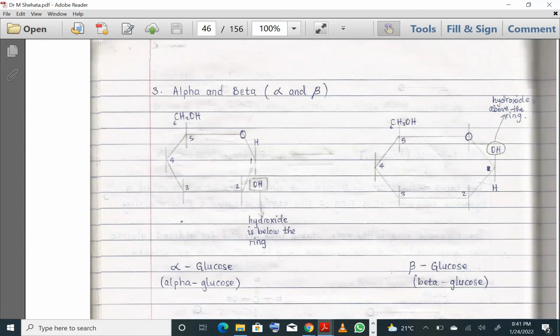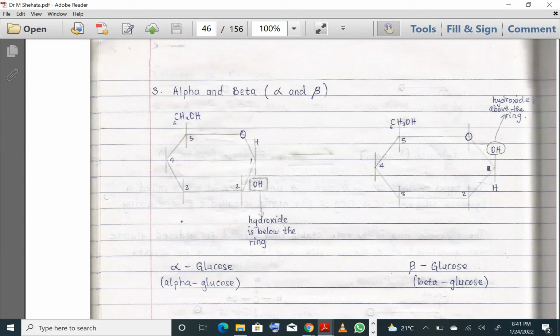Just because of that slight difference, we see the differences. Starch can be digested, that's maize, those things, that's starch. But cellulose is what we can't digest, which we call dietary fiber.